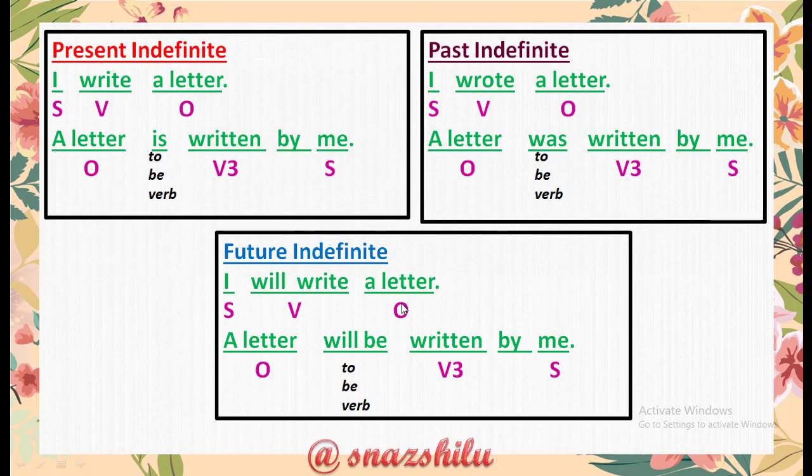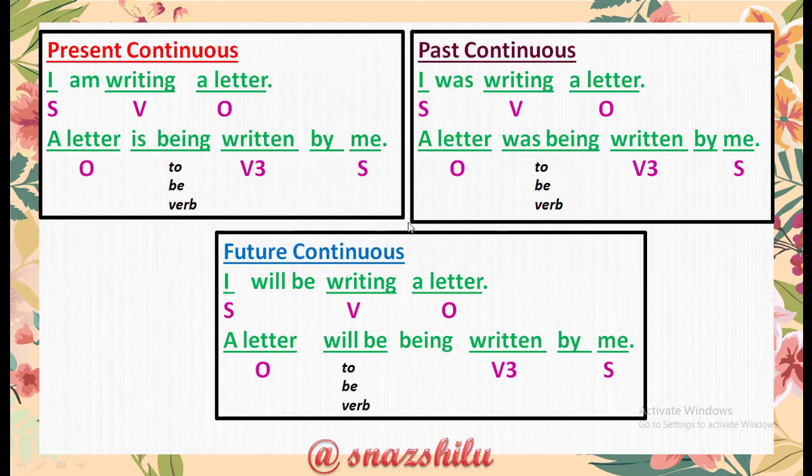I will write a letter. Here I is the subject, will write is the verb, and a letter is the object. We do that, actually: a letter will be written by me. Again, for the present continuous, here is the sentence, I am writing a letter.